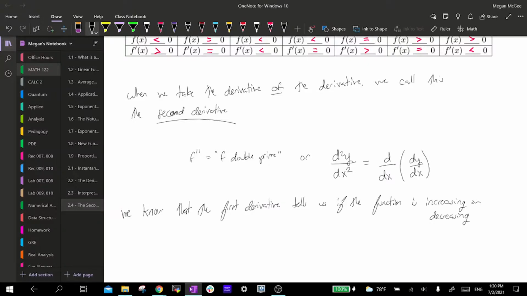In the same manner, the second derivative tells us if the first derivative is increasing or decreasing.